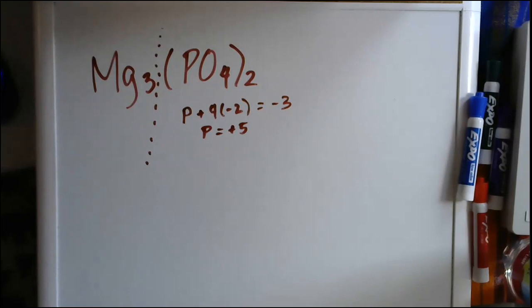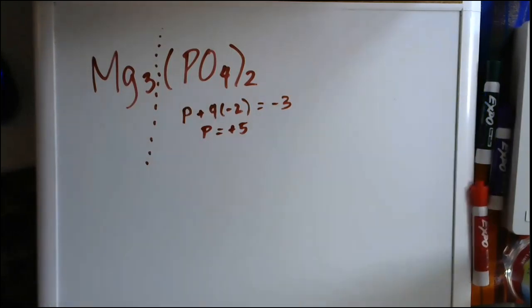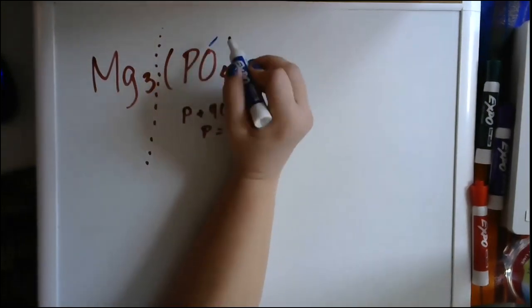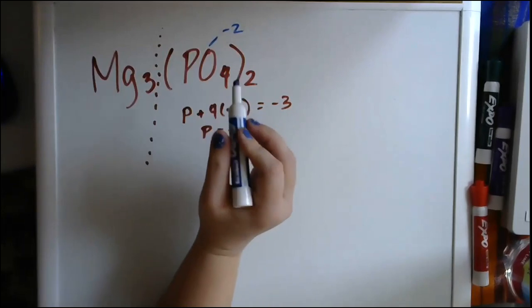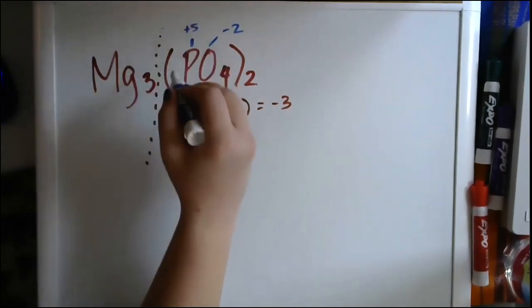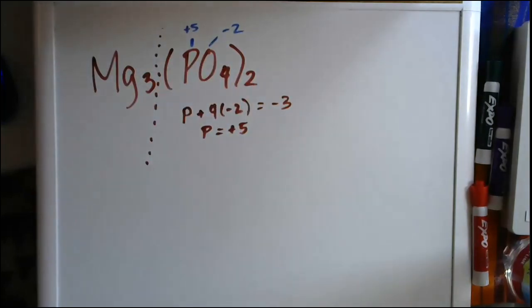That means that we know that every oxygen here is going to have an oxidation state of -2. Every phosphorus is going to have an oxidation state of +5 because they're part of this polyatomic ion.